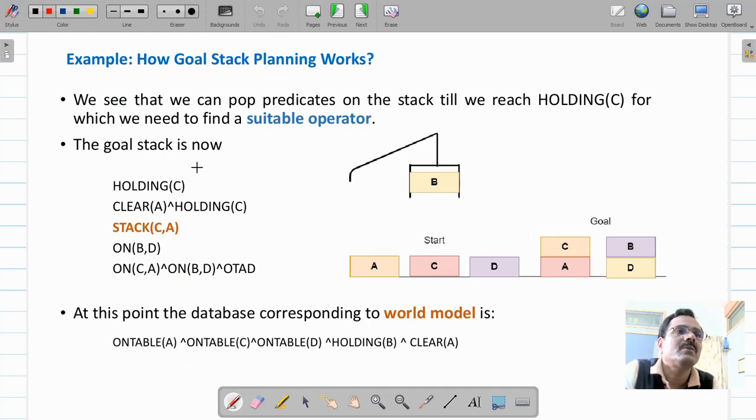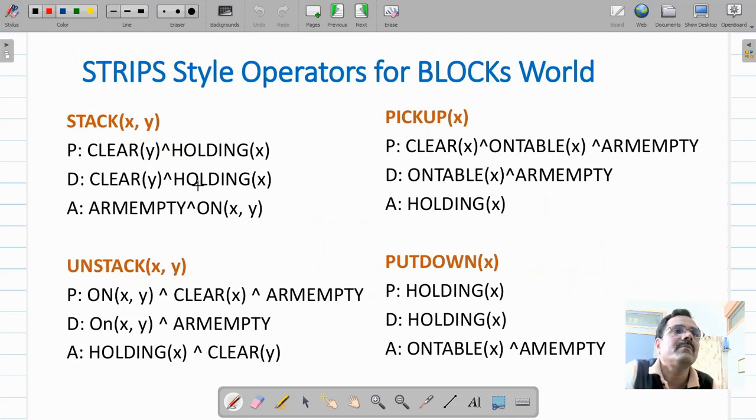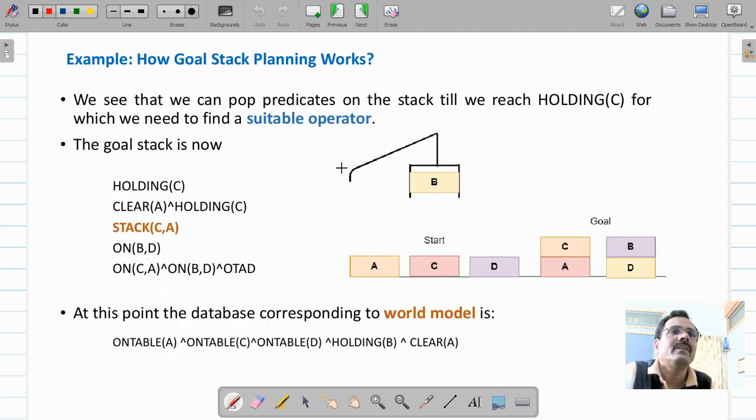So we'll try to prove this holding C, and to prove it we have to find out which operator we can apply. For holding C, we have two options: pick up C and unstack CY. So we have these two alternatives.